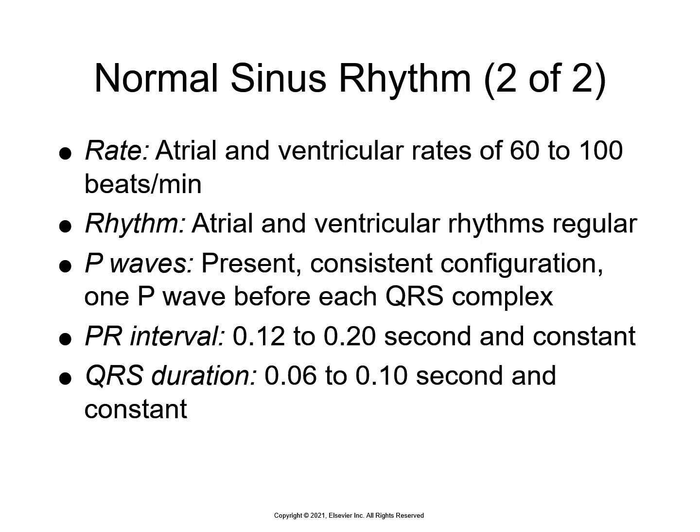The P waves are present. They're consistent. And one P wave is before each QRS complex. The PR interval is 0.12 to 0.20 seconds and constant. In this case, it was 0.18. So this is normal.